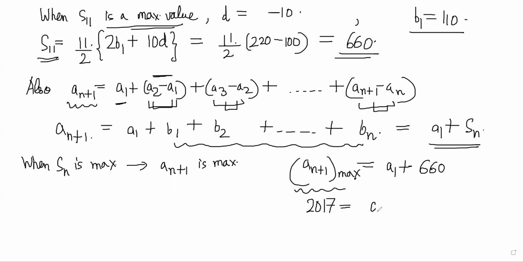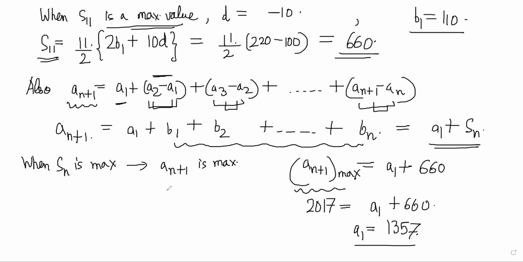So that means A1 plus 660, A1 should be equal to 1357, right? 1357 is the value of A1 here.